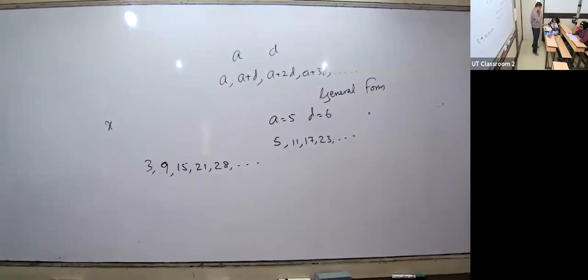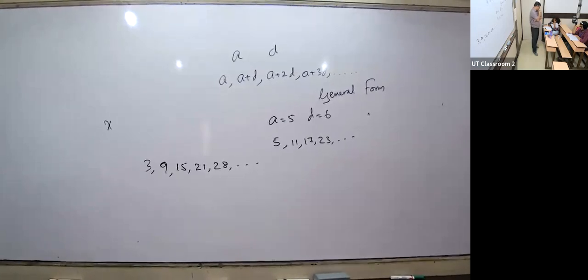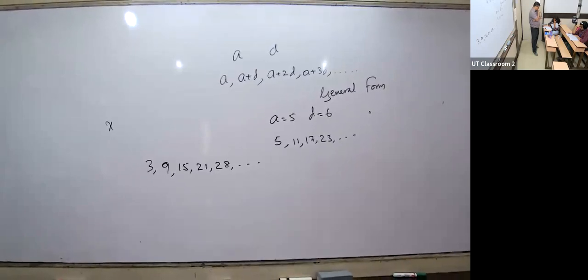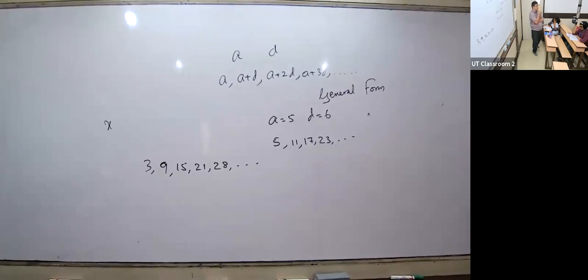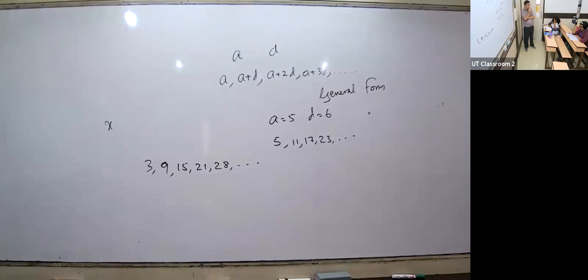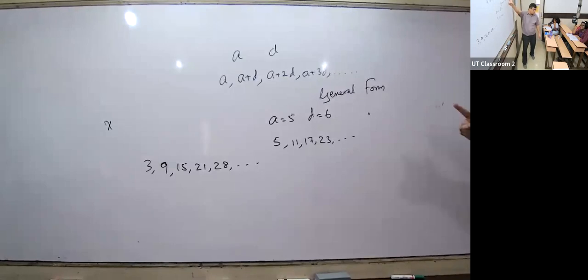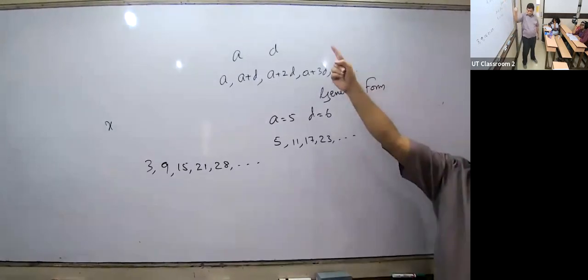If we denote the starting number by A and the number to be added by D, then the list may be represented by A, A plus D, A plus 2D, and so on. When you are writing, don't write etc. Don't write it this way.